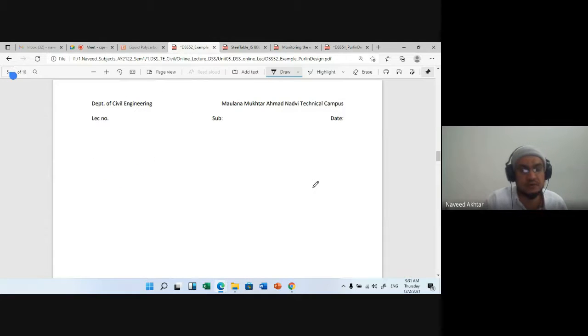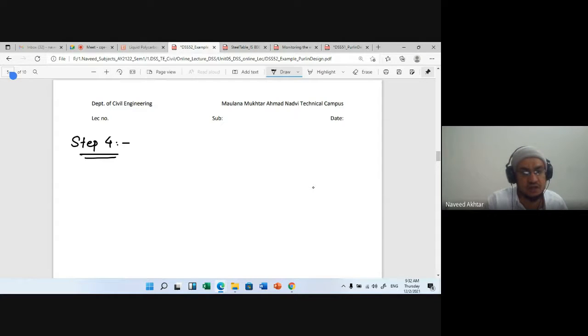Okay, so step number 3 we have done. In step number 3 we found the components of dead load, live load, and wind load in two directions. Now in step number 4 we will take the load combinations. There are different load combinations.